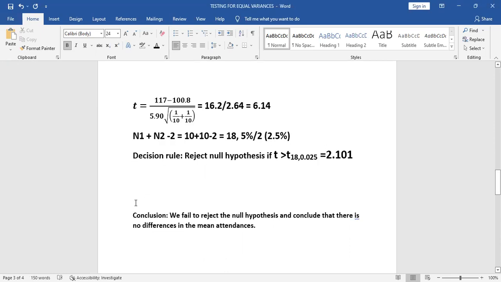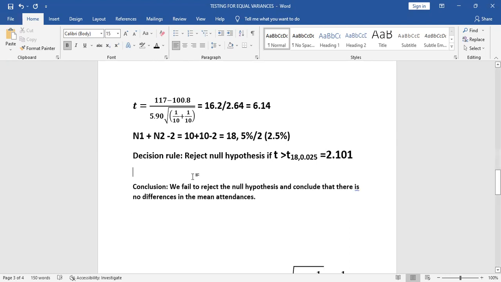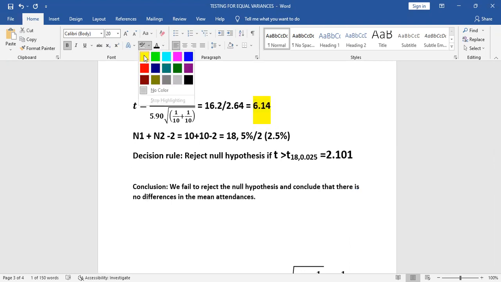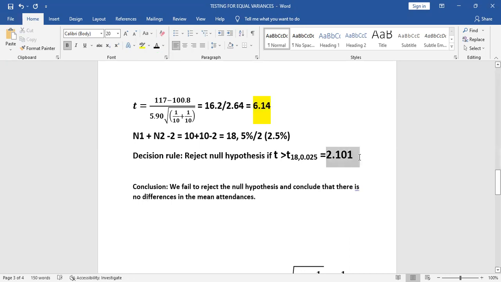Therefore, we will reject the null hypothesis because the rule says reject if the T is greater. So the T we've calculated is greater than the T that we found from the table. So we reject the null hypothesis.